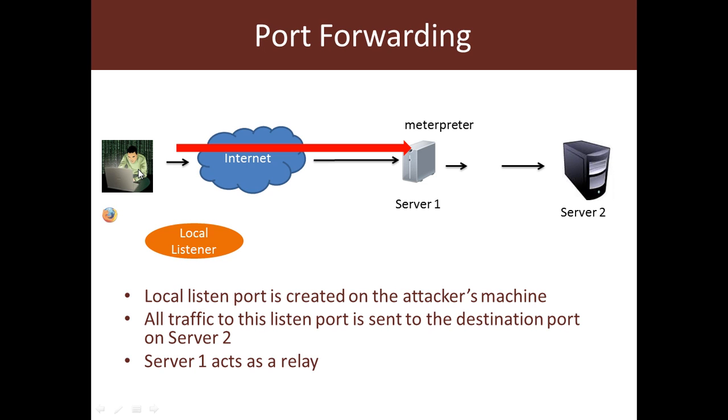Now, when any application like a web browser talks to this local listener, then this local listener will forward all that traffic to server 1 where our Metasploit session is running. Now, once we enable port forwarding on server 1 using Metasploit, we will be able to reach server 2 via server 1. So the whole idea is that via port forwarding, applications on the attacker's machine forward data to a local listener on the attacker machine.